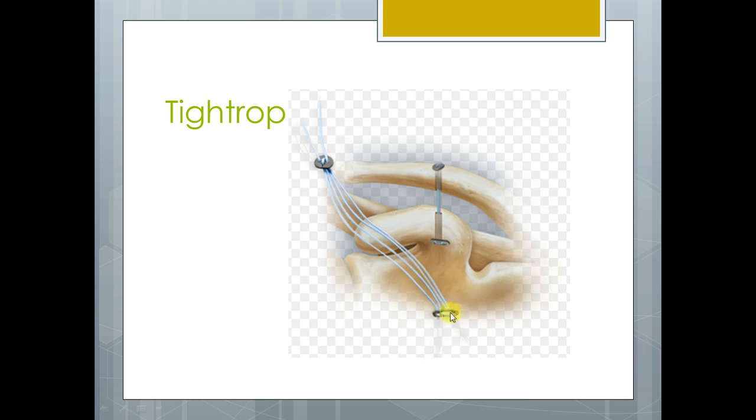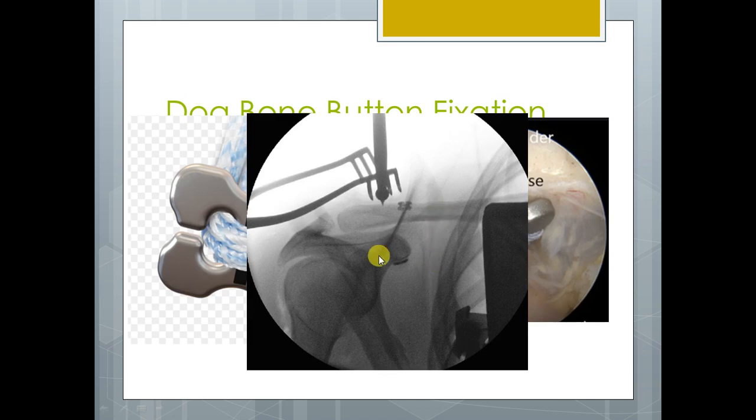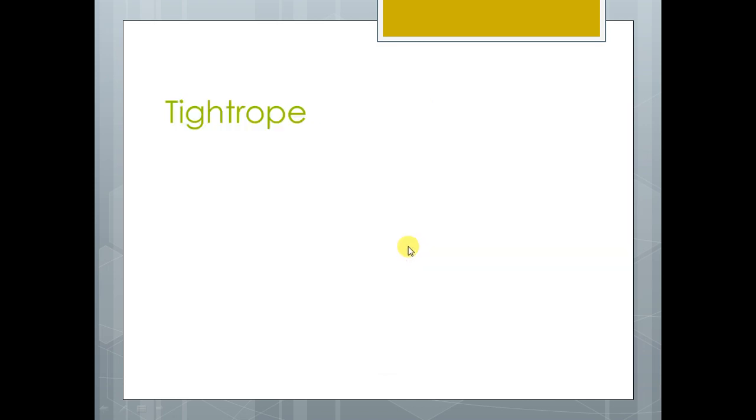With this longitudinally oriented button, you have to pass it through the coracoid, so it is a metal, not only a tab or a string. It is a metal, so the drill hole is enlarged. So the potential for fracture, either in the coracoid or the clavicle, is increased in comparison to the dog bone button.